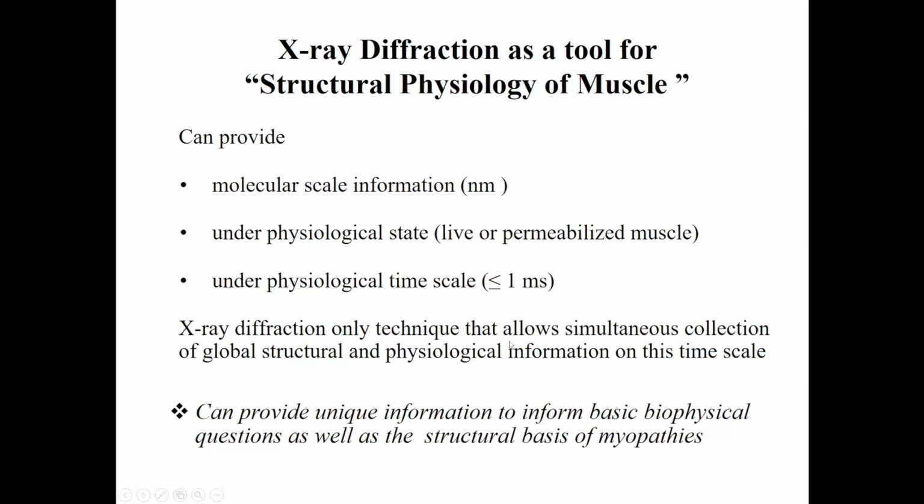So we like to say that X-ray diffraction is the only technique that allows simultaneous collection of global structure and physiological information on this time scale. And most recently, in the last decade, it has also been widely used for basic biophysical characterization of myopathies.